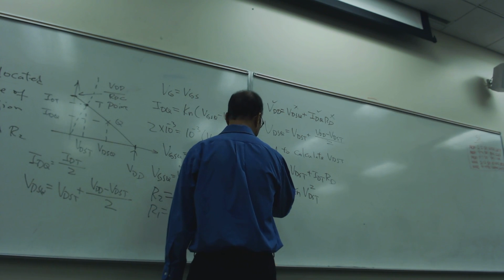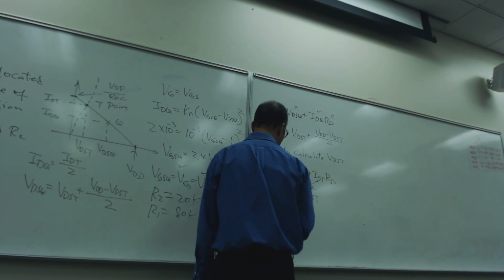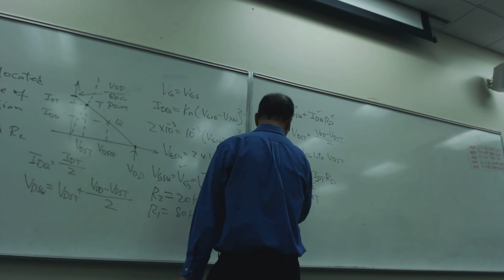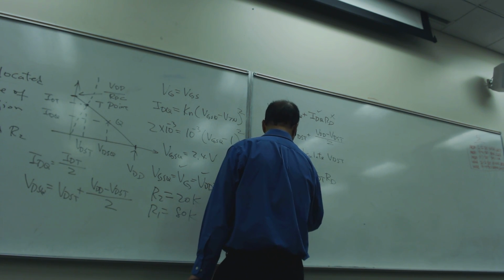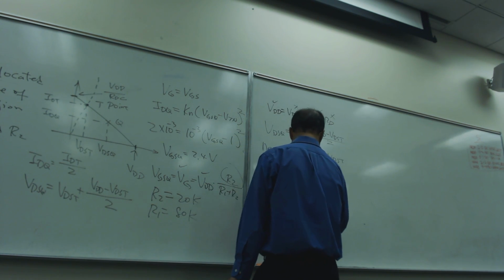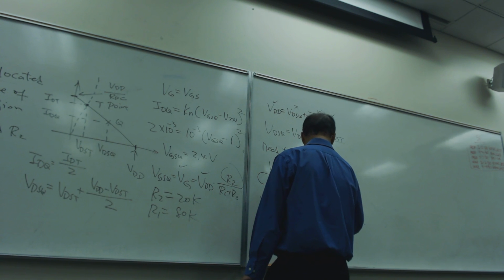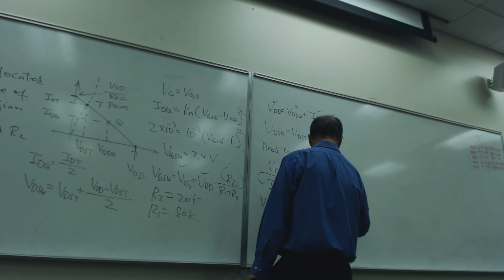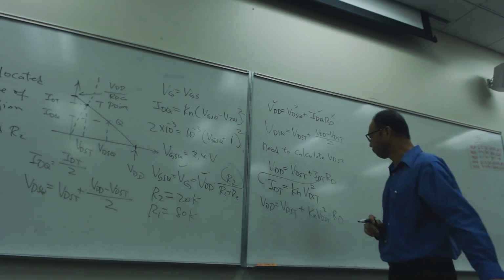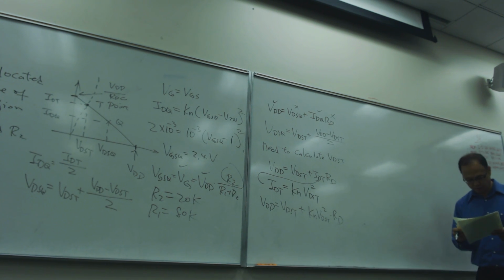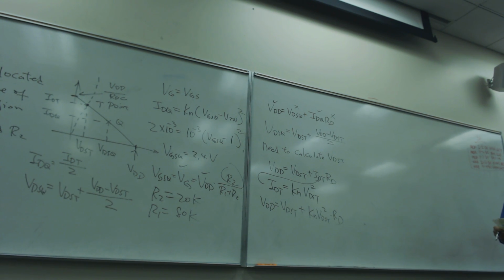Now you put this in here, right? You get VDD equals VDST plus Kn VDST squared times RD. See, now you have one equation and one unknown, right?